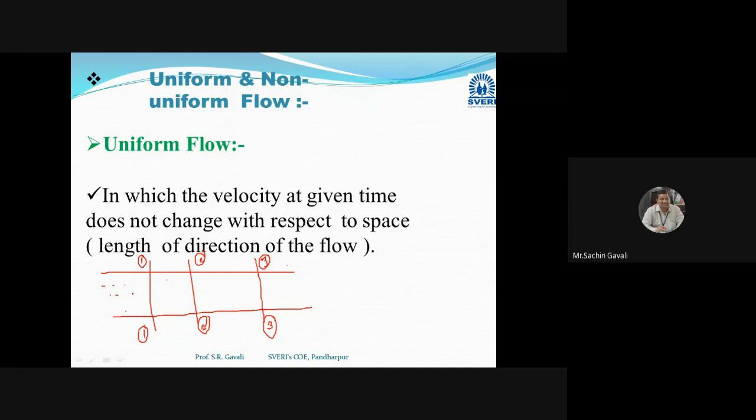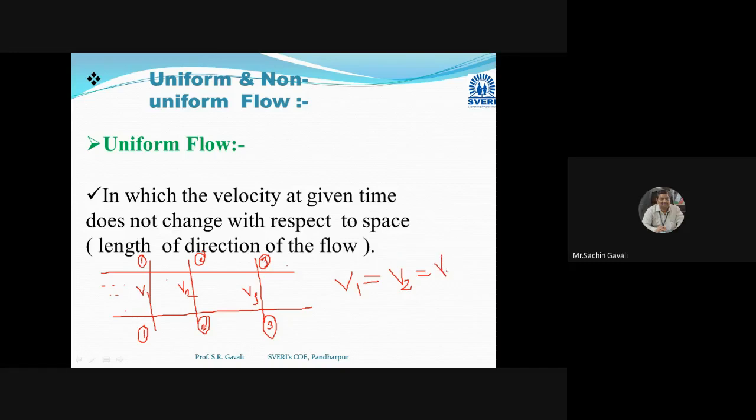At each section there is a velocity: v1 here, v2. At one particular time, say now at 11:44, if you take the readings of the three velocities, and at all sections the velocity remains the same, then we say the flow is uniform flow.